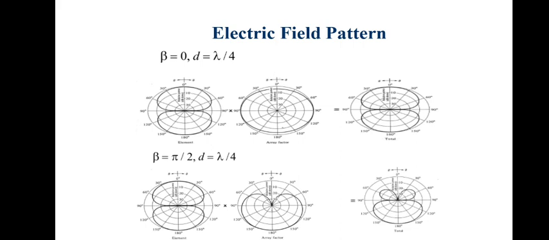If you take a phase difference beta of 90 degrees, for example in case 3, beta equal to 90 degrees or pi by 2 and d equal to lambda by 4, what happened?